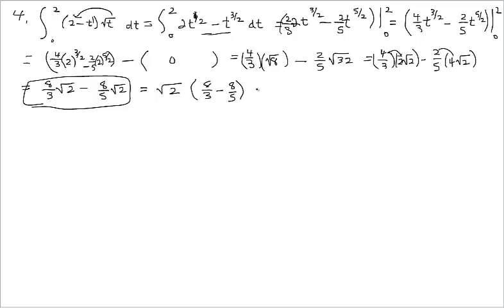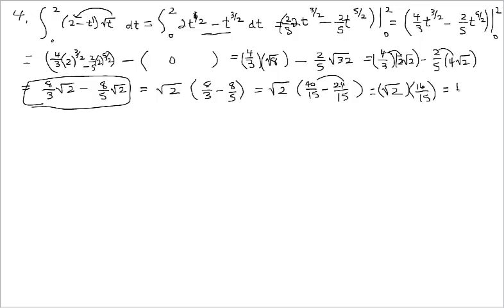And if I saw this, I'd probably want to get a common denominator. So continuing, that denominator being 15. So that'd be 40/15 minus 24/15. Wow. Square root of 2 times, this would be 16 over 15.